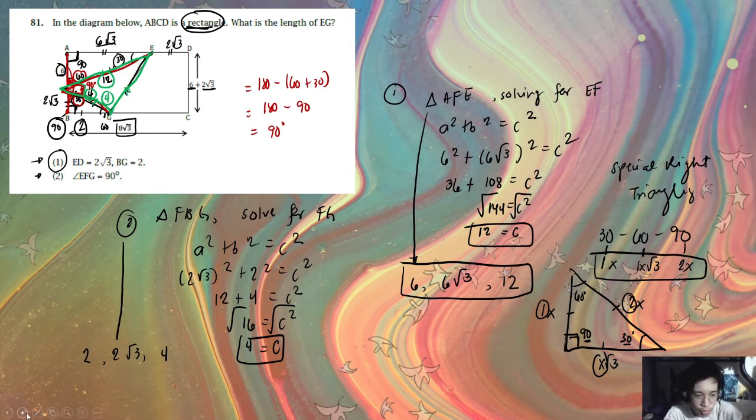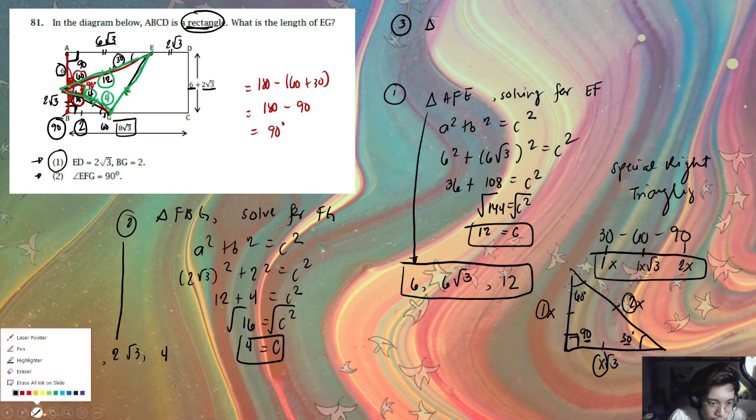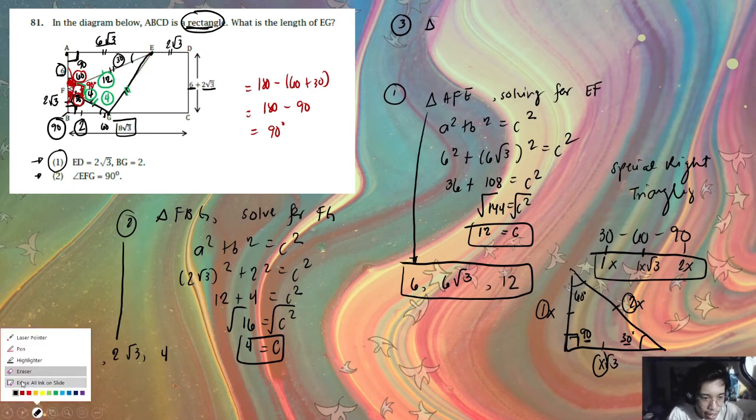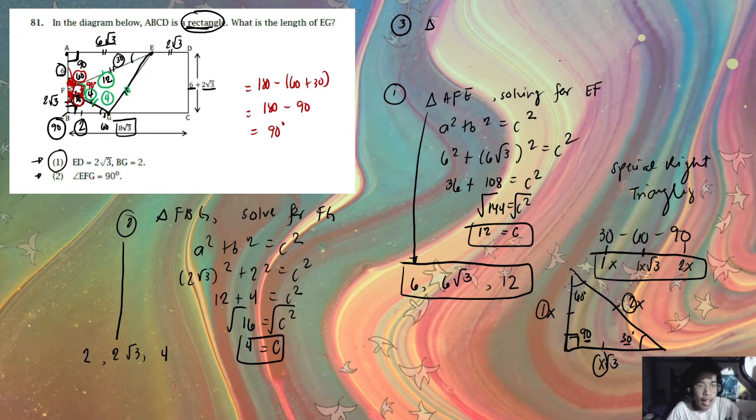So we're going to use the Pythagorean theorem for the third time. Since we've already established that we have a right triangle, let's write here, for number 3, we have triangle... what's the name of this triangle again? Wait, let me erase some parts. So that's F. We have here triangle FEG.